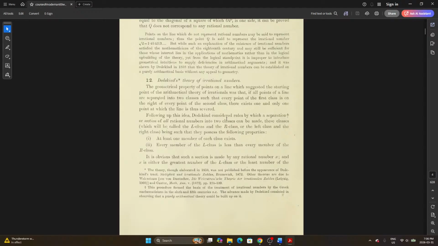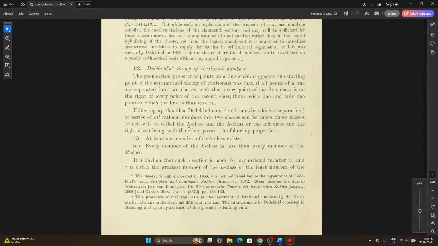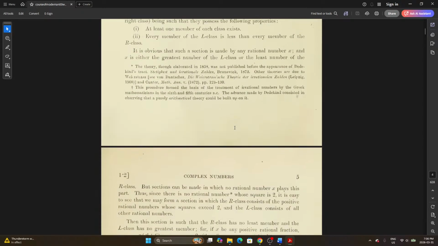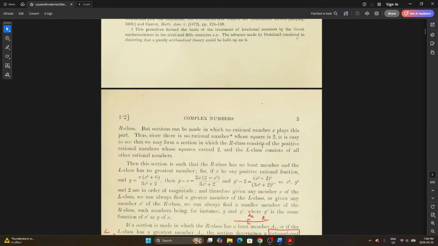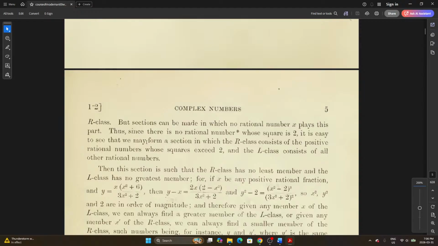In the original definition, a cut consists of two classes, the L class and the R class. For example, the Dedekind's cut for the square root of 2 has an R class, which consists of positive rational numbers whose square exceeds 2, and the L class consists of all the other rationals.